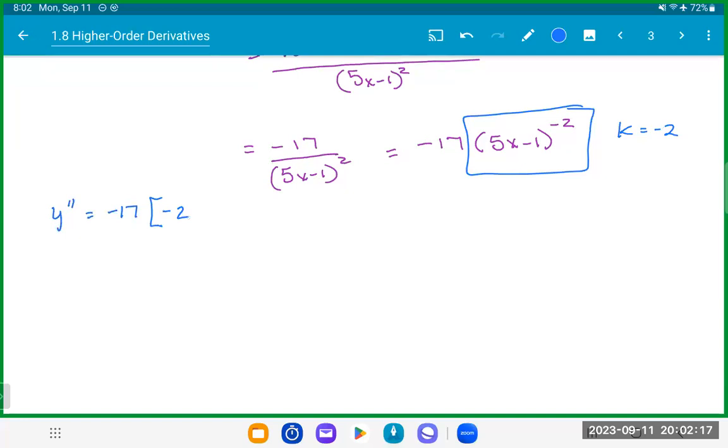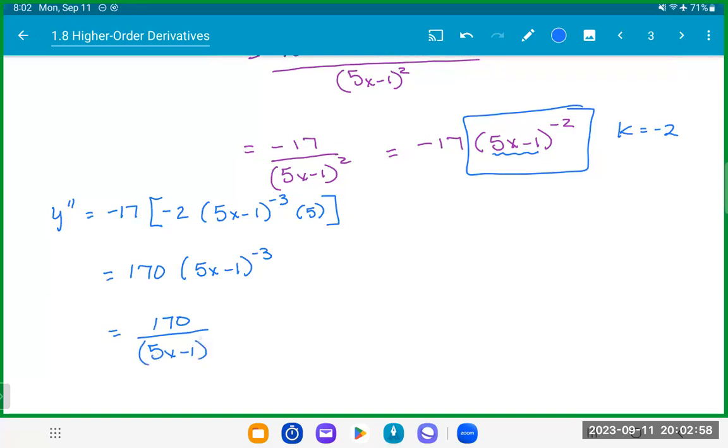So we have -2 for our k times our function 5x minus 1 to the -2 minus 1, which is a -3. And then the derivative of the insides is 5. Okay. So this gives me -17 times -2 times +5. That's going to give me a positive 170 times 5x minus 1 to the -3. Let's bring that exponent to proper form. So we need to make it positive. So that's going to give me 170 over 5x minus 1 to the +3.